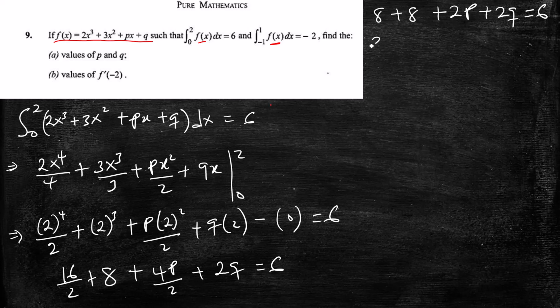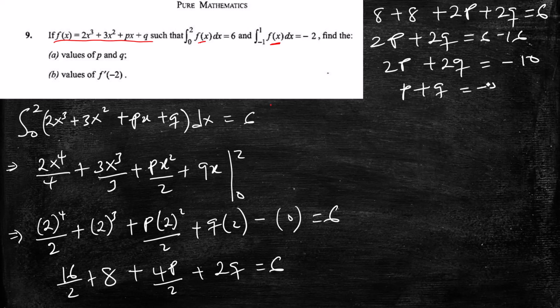So we have 2p plus 2q equals 6 minus 16, which is minus 10. We can divide by 2, so p plus q is minus 5. So that's the first equation.